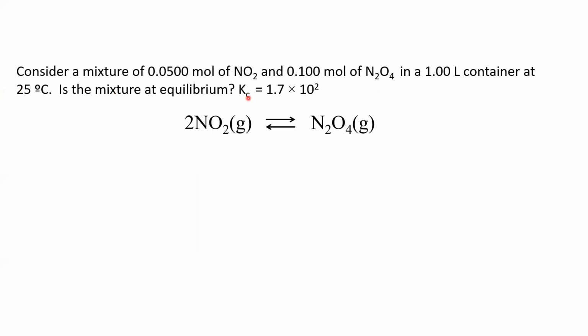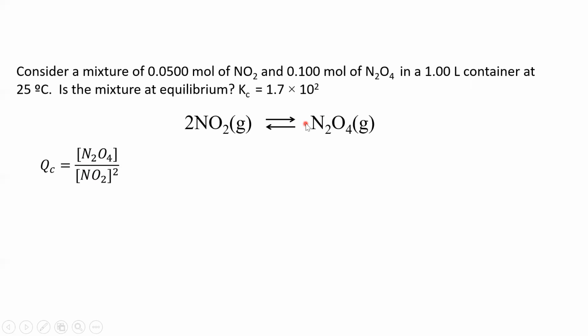Now, we calculate Q essentially the same way we calculate K. So the first thing we do is write down our Q expression. It's the concentration of the products over the concentration of the reactants, each raised to the power of its coefficient in the balanced equation.